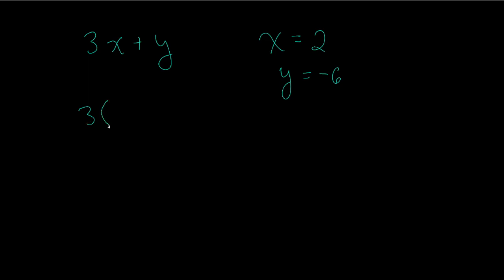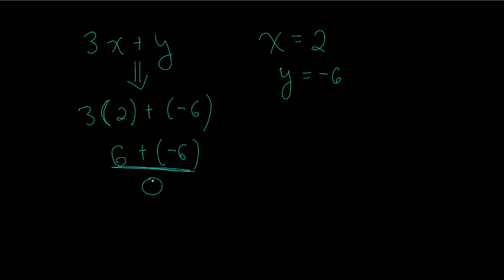Now when I substitute in for variables, I leave parentheses so I can keep track of the signs, and so I can keep track of the different things coming in and out of them. And so I've now made this equal to this, and I'll do my multiplication here, and then I have a negative 6. Well, hey, I've got opposites, so this is 0.